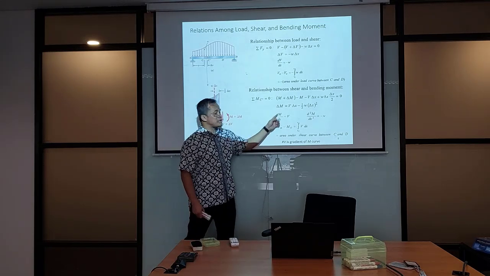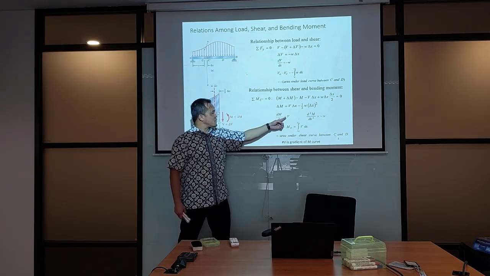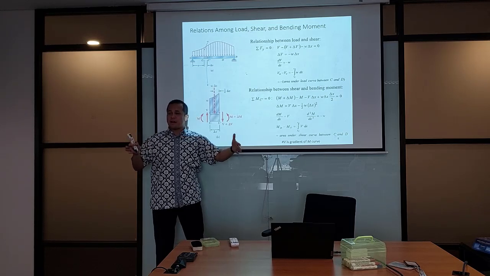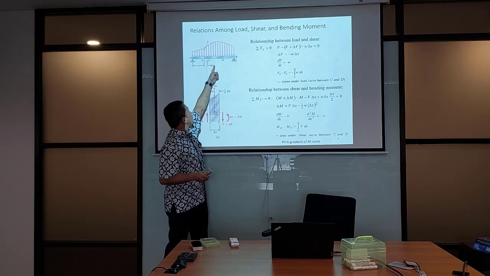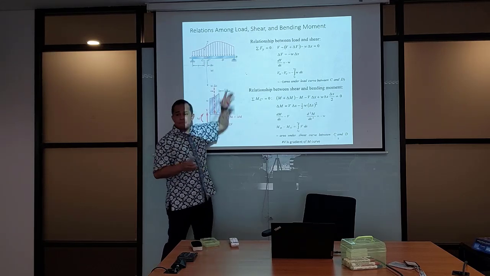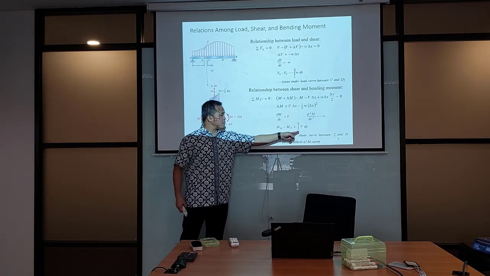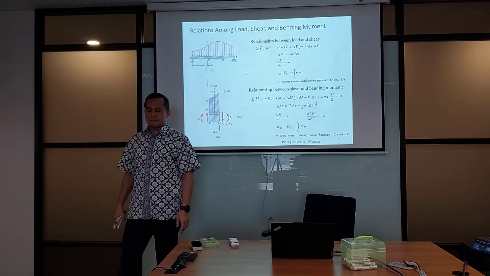So this becomes your governing equation: delta M over delta X equals V. So if you would like to know the difference in moment between A and D, C to D, C prime to B, you know that it is just you integrating from the starting point to the end point.